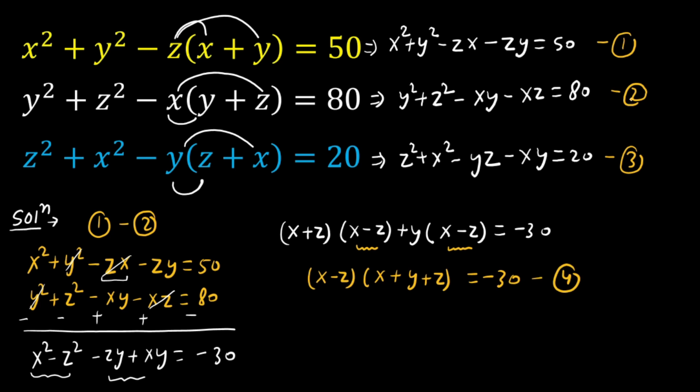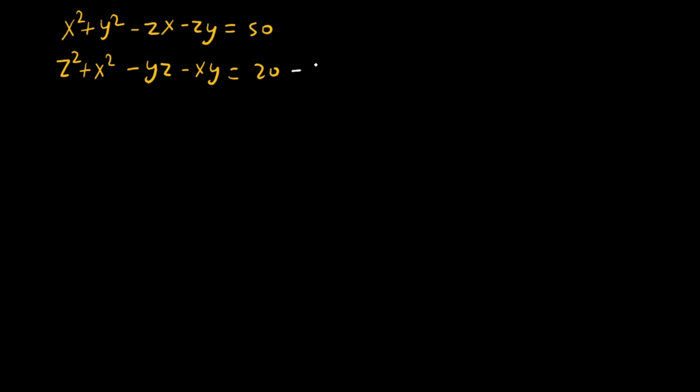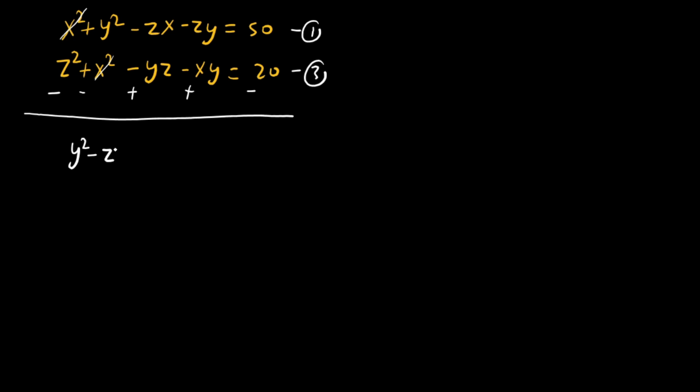Now if we subtract equation third from equation first, the signs change. The x² is positive and the other x² is negative. On the left-hand side we have y² − z², and −zy with +yz cancels out.